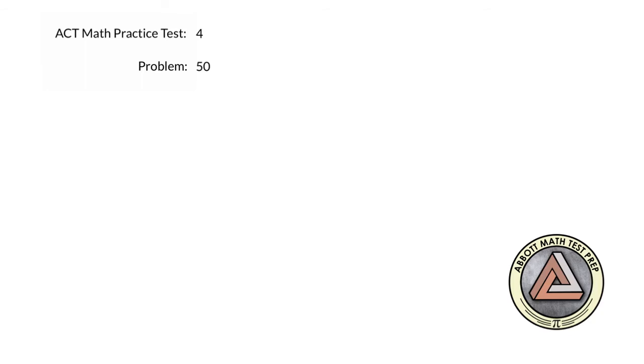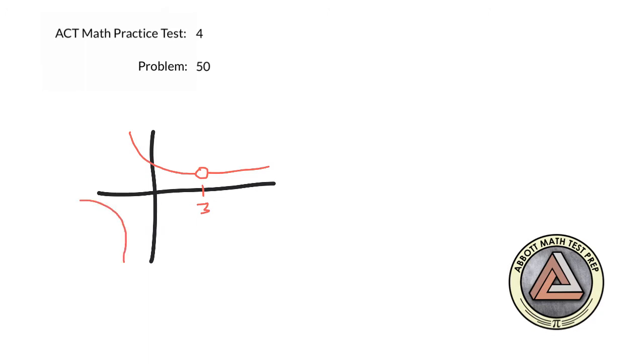One way is to look at the graph, and they do actually provide a graph in this particular problem, so that's pretty good. We have a graph that looks like this, but it's got a hole right there corresponding with 3, and it also looks like it goes up like that, so it looks like there's an asymptote here.